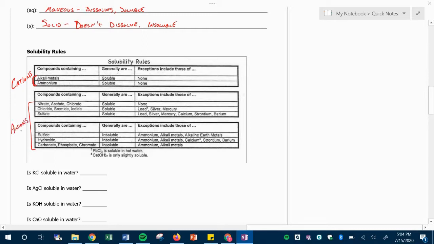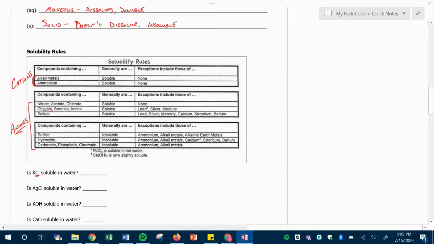I think it's a whole lot easier if you just look at the anions the entire time, as opposed to flipping back and forth to figure out which rules to use. So when asked if KCl is soluble in water, we're looking at the chloride. Let's find chloride in our list.